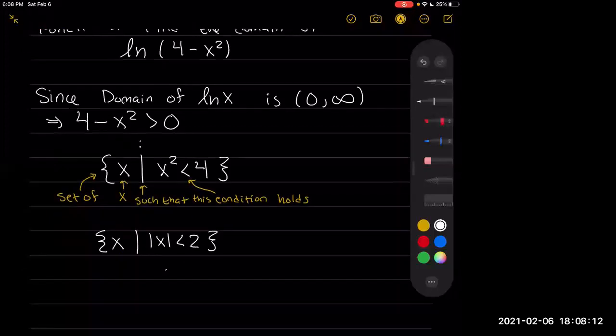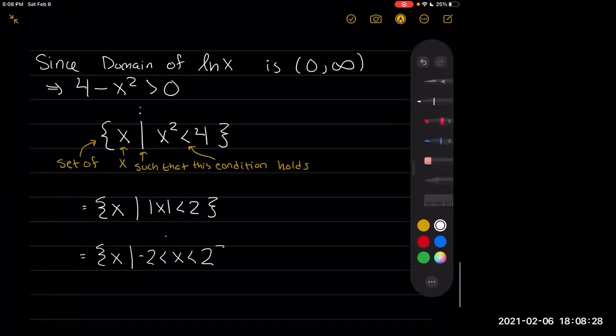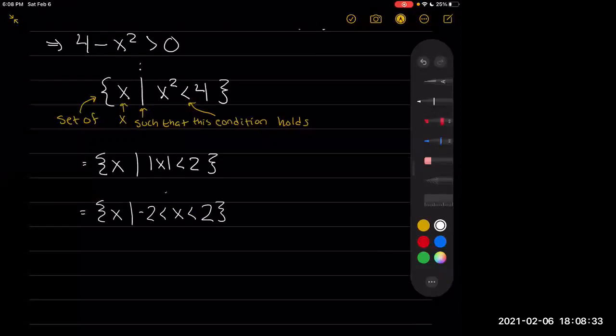So then this equals the set of x such that x is greater than -2 but less than 2, because that's how the absolute value function works. That just gives us the interval -2 to 2, and they are soft brackets because we just have a strict inequality. There's no less than or equal to sign.